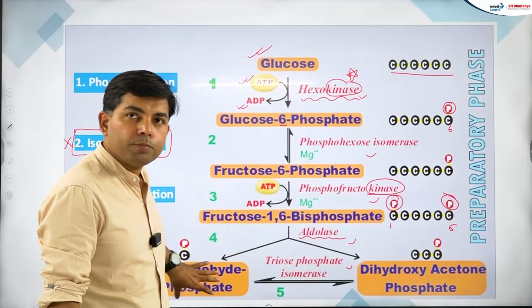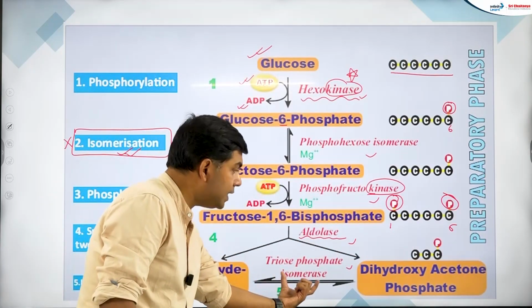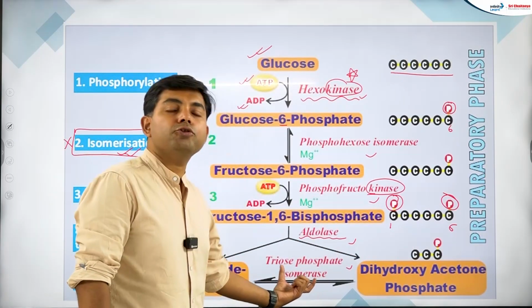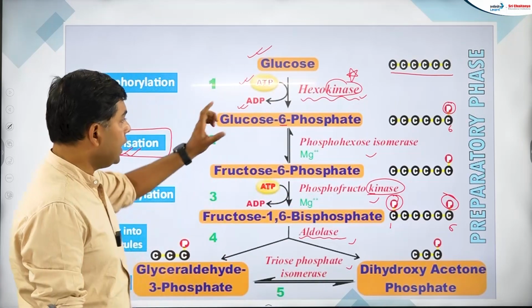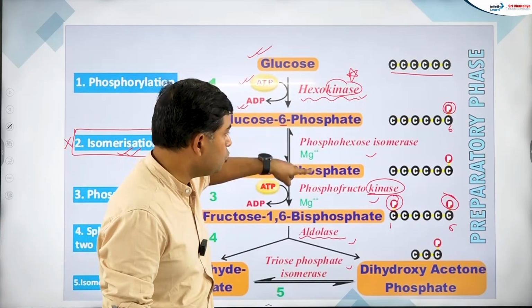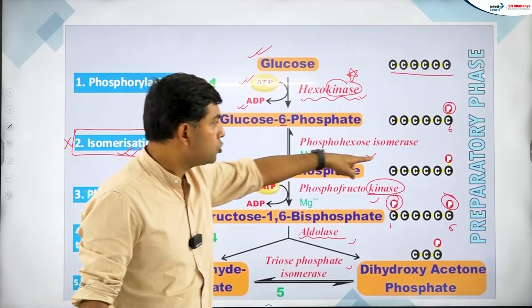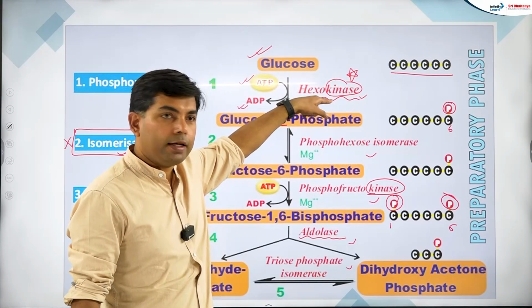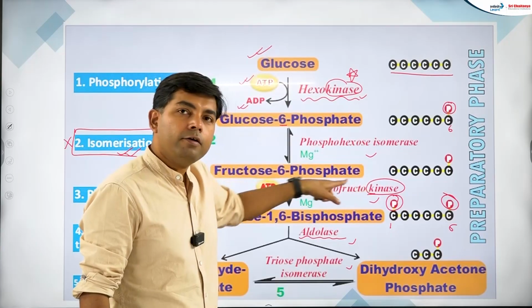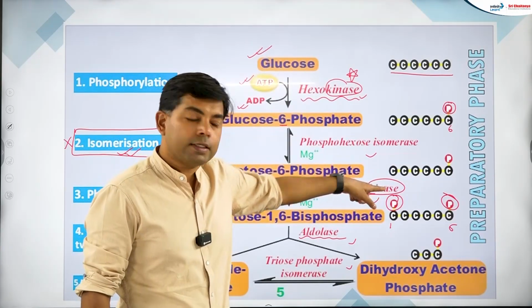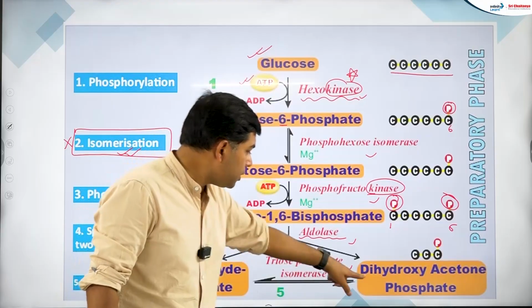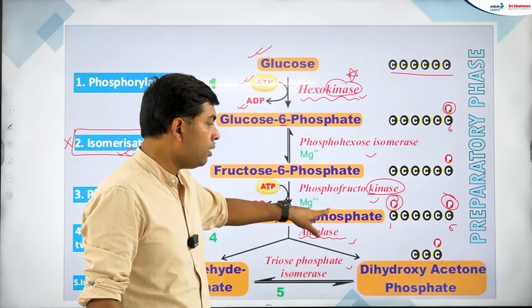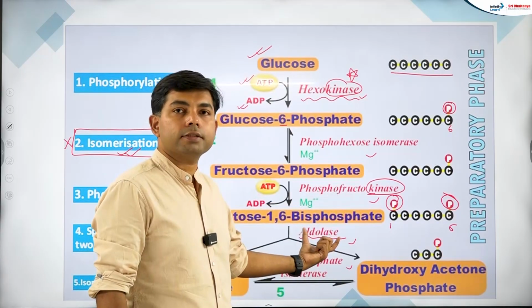So both are isomers, and here again the enzyme involved will be isomerase. If I summarize: these two are isomers, so isomerase. Phosphate added, kinase: hexokinase. Phosphate added: phosphofructokinase. Again isomers, so isomerase, and here the breakdown is by aldolase, right?